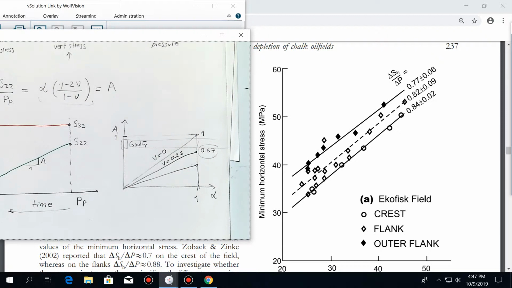Can you imagine any side effect of this horizontal stress going down so quickly? Will it be bad or will it be good? Why would it be bad?